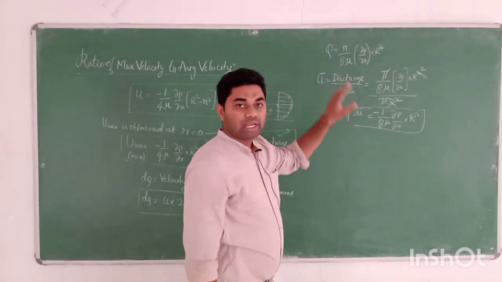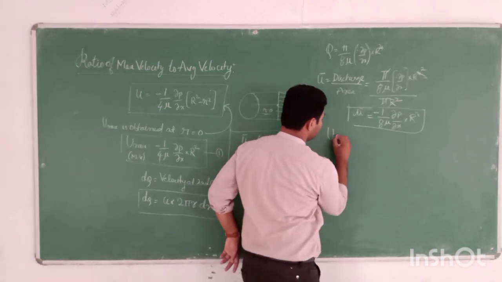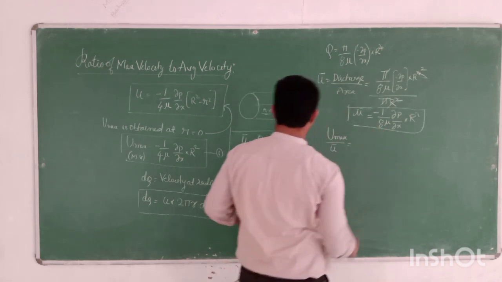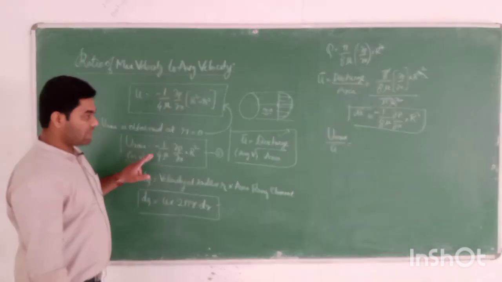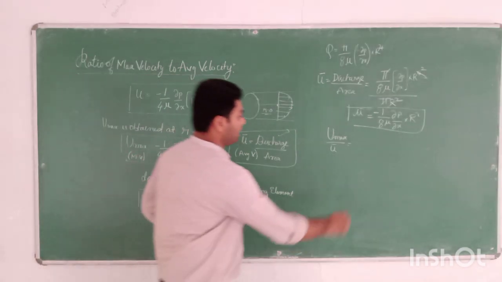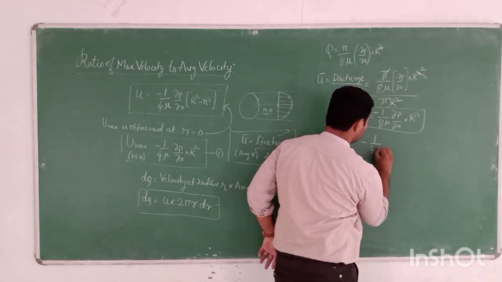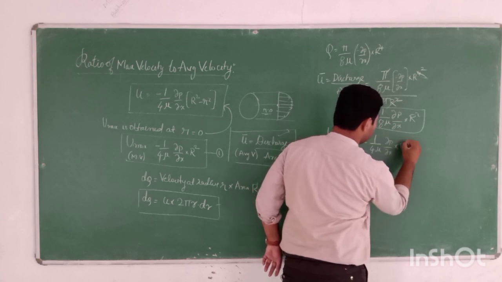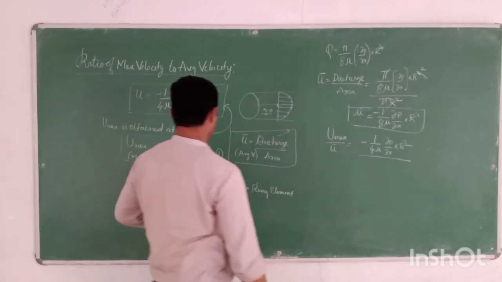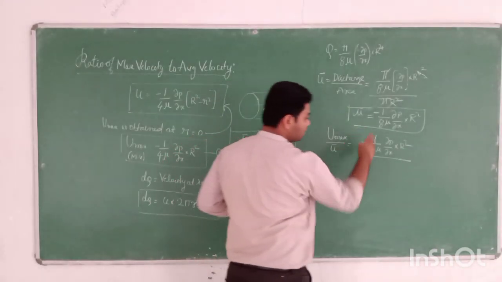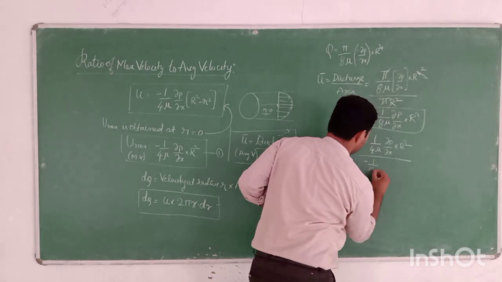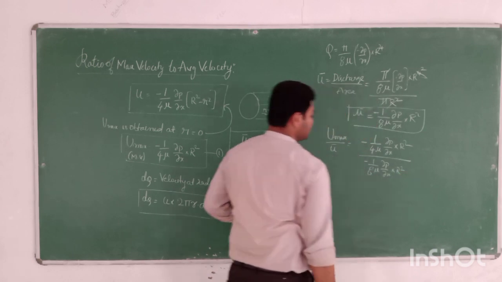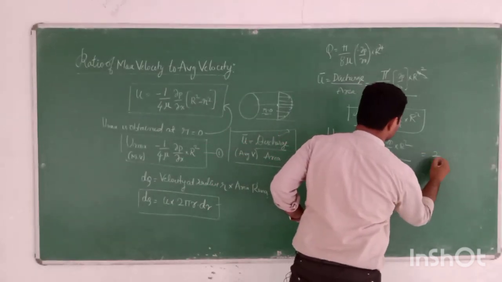Now we need the ratio of maximum velocity u max by average velocity u bar. Maximum velocity is given over here, minus 1 by 4 mu dP by dx into r squared, divided by the average velocity, which is minus 1 by 8 mu dP by dx into r squared.